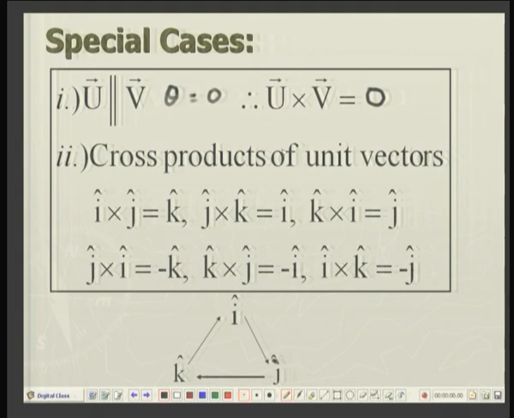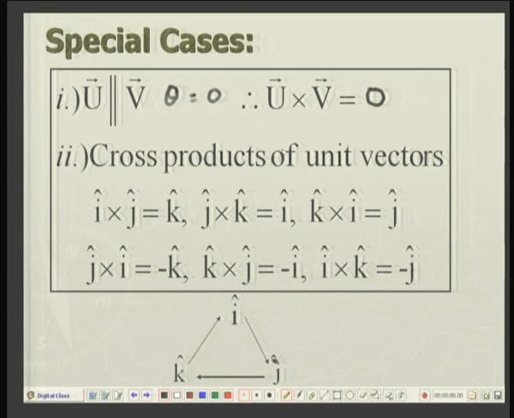So, i crossed with j will give me the k vector, j crossed with k will give me the i vector, k crossed with i will give me the j vector. If I reverse the operation, that is j crossed with i, this will give me the negative quantity, minus k vector, and so on and so forth.